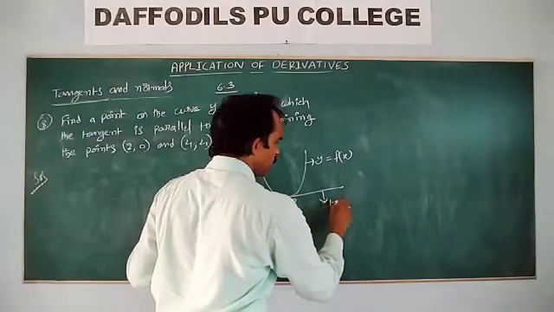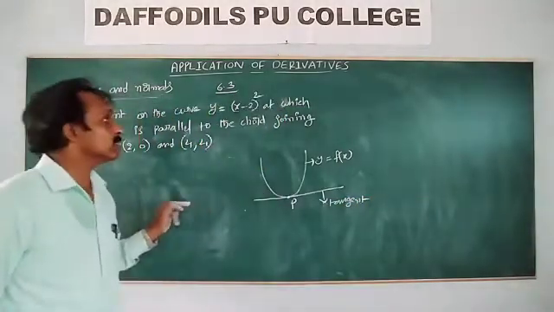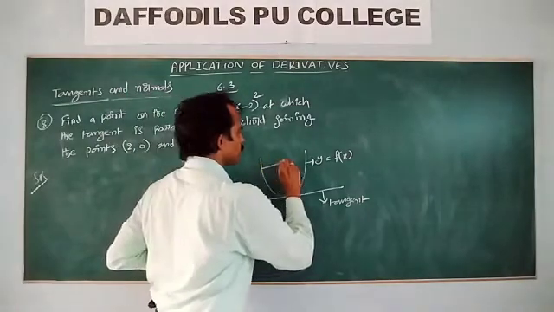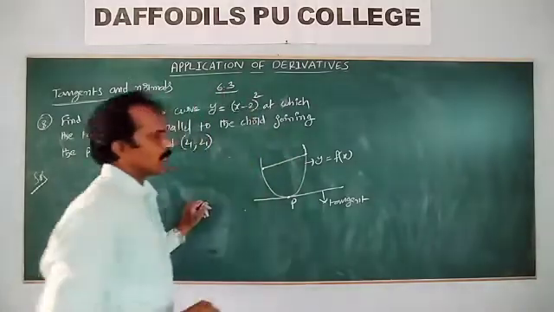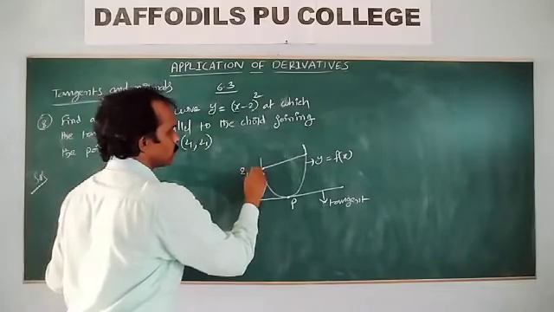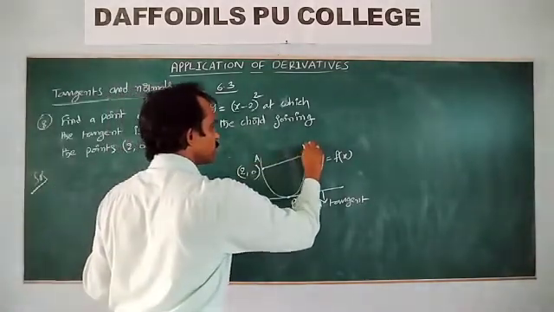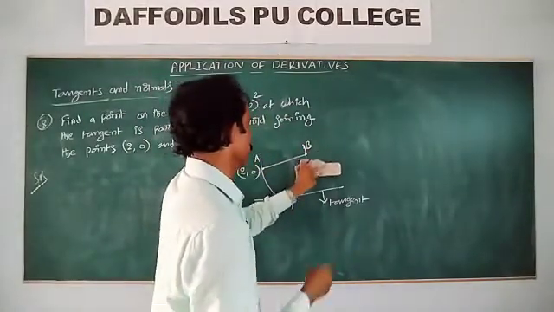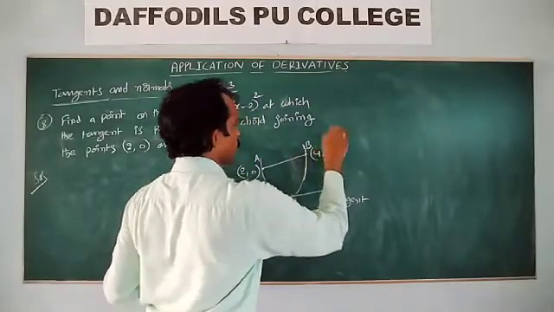The tangent is parallel to the chord. So this is the chord, which has one point A, (2, 0), and the other point B, (4, 4).